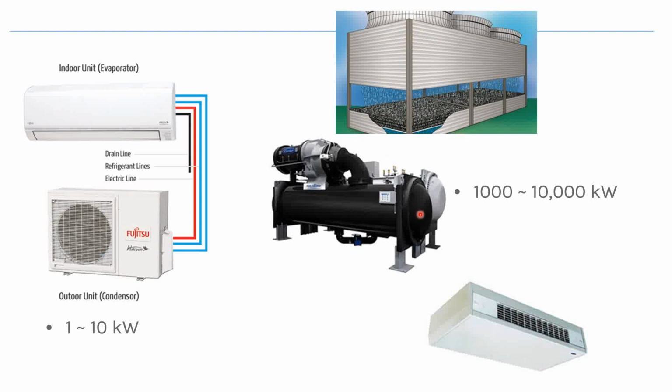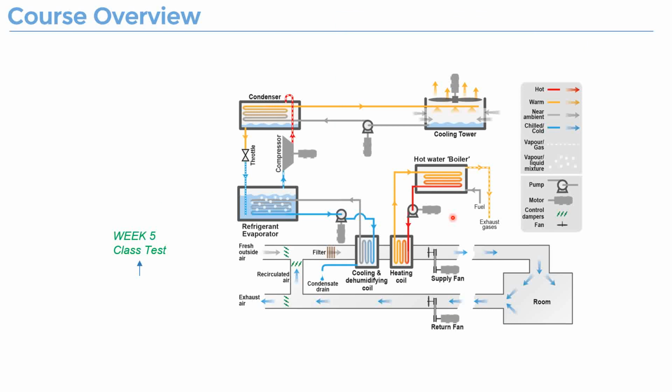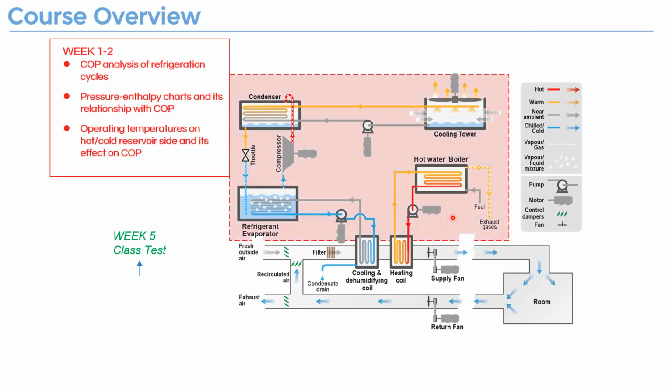So if we go to the schematic picture of that, this is the indoor environment. In summer, you cool down the air. In winter, you heat up the air. If we take summer, cooling down the air, as the first example, then we will need to provide cool water to exchange heat, to take away the heat from the indoor environment.